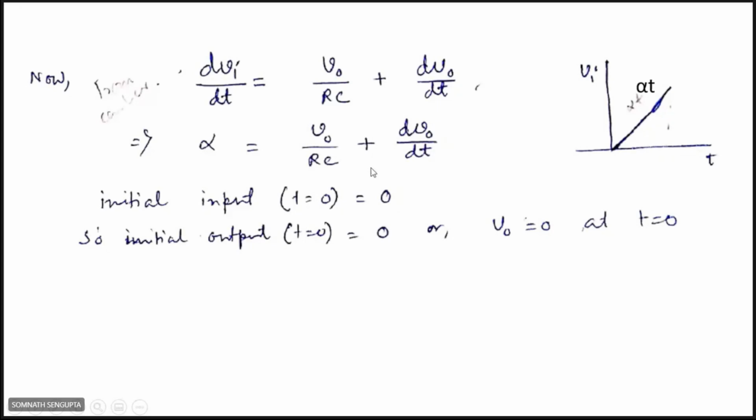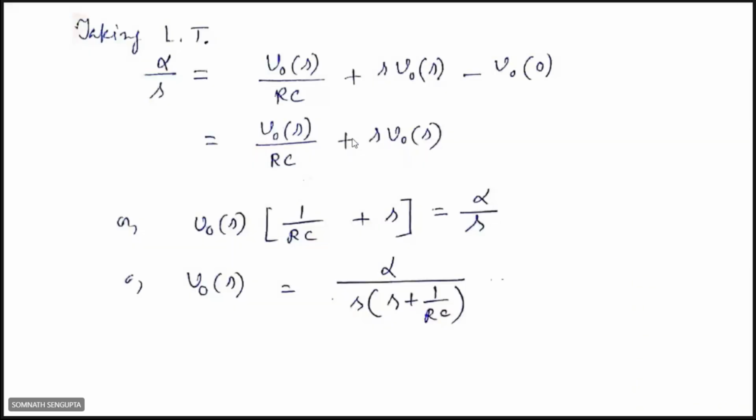You know that at t is equal to 0 there is an initial voltage, so applying some initial condition, you can find the solution of this differential equation. But we can use another method like Laplace transform to find the output waveform.